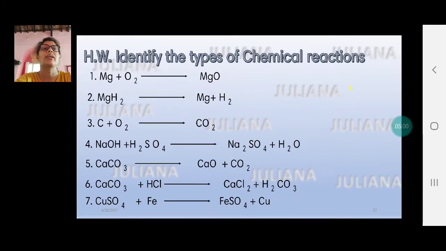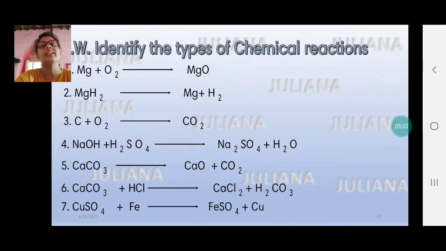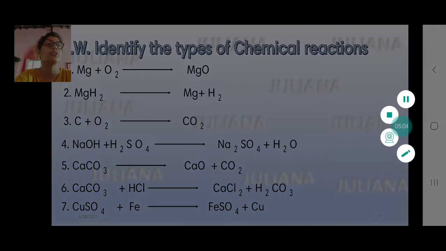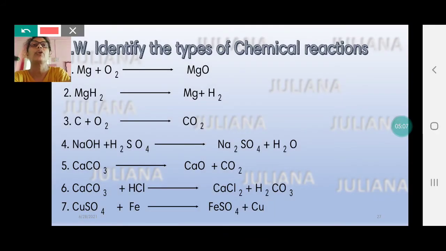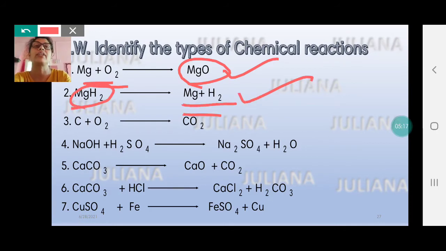Now from this you can very easily identify the types of chemical reactions. What do you look out for? You look out for this first. Here there is only one product, so this is definitely a combination reaction. Here there is one reactant and two products, so this is a decomposition reaction. Here you have two reactants giving you just one product, so this is combination.